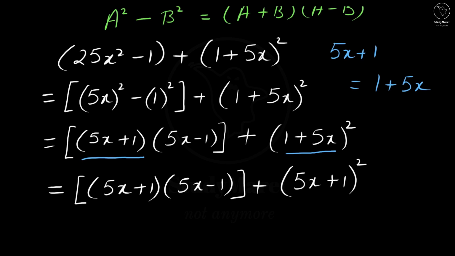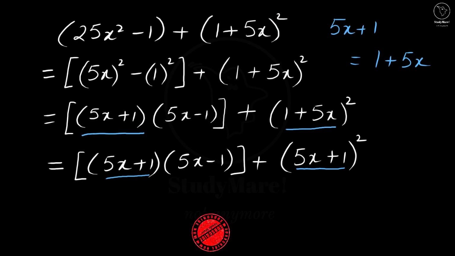We can solve it even without writing 5x plus 1. But for students who are just starting maths, it makes it look much easier that we have 5x plus 1 here and 5x plus 1 here. So you don't have to do a lot of mental maths inside your brain which is not visible. Let us make it visible for better clarity.